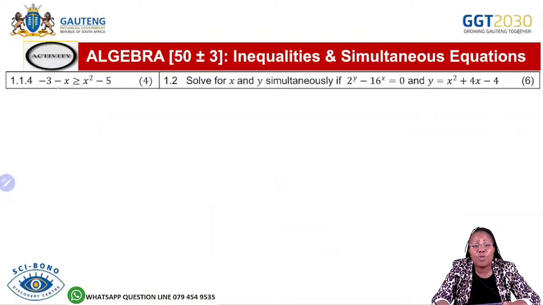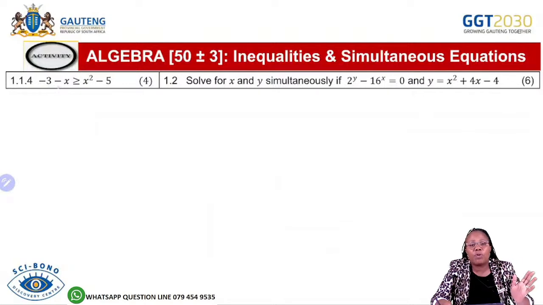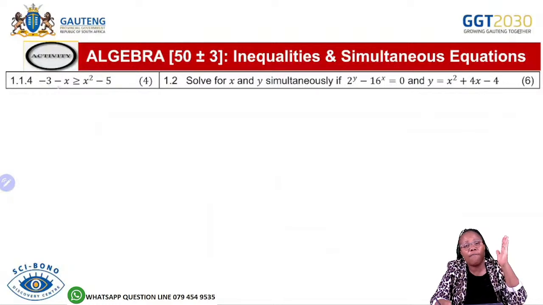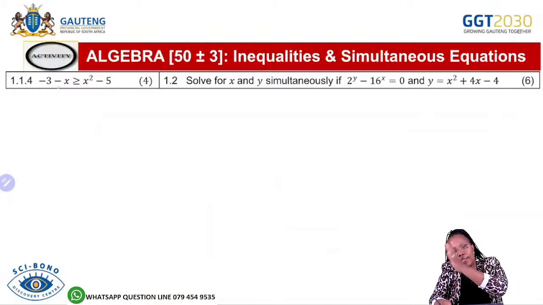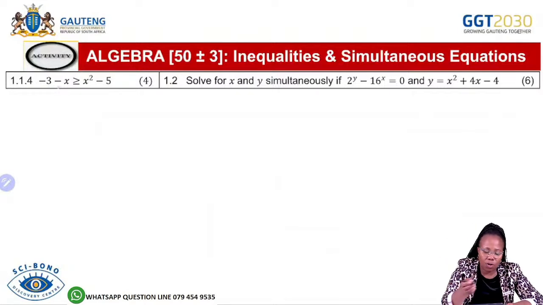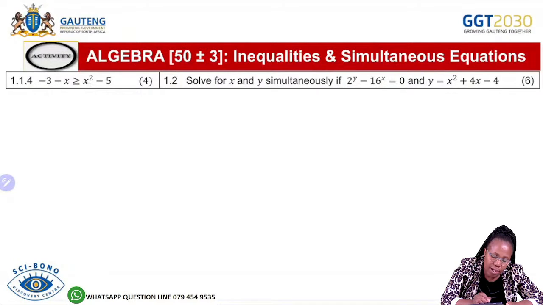Right, I'm starting with the transposing part now, everything to the left. As I'm transposing, I am also rearranging in correct order of a x squared, b x, and c. Starting with x squared followed by x and then the constant number. Let's see now, x squared to the left, this will be minus x squared.